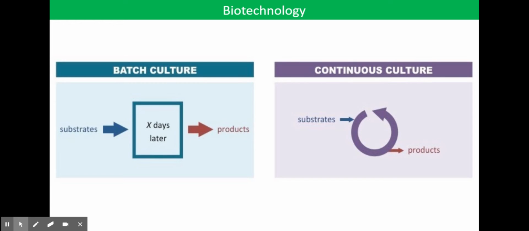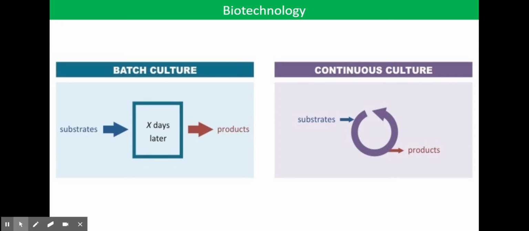The broth is topped up with nutrients as these are used by the microorganisms. Some of the broth is removed regularly to extract the product and remove cells from the broth. Otherwise, the population will become too dense. So this is known as continuous culture and keeps the microorganism growing at a specific growth rate.